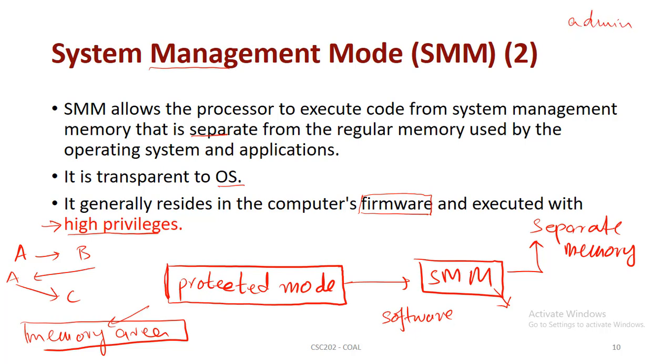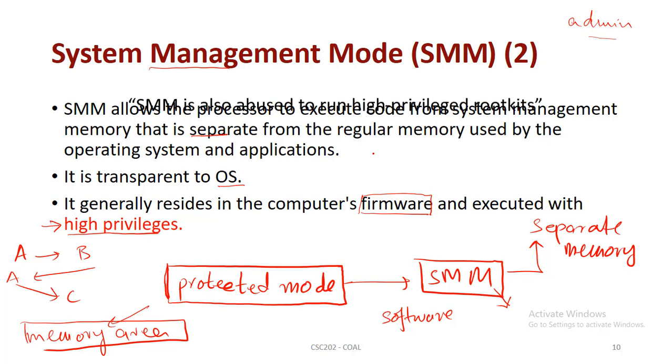So just assume, for the sake of argument, the SMM firmware code starts executing with very high privilege like admin. It is not admin; there is a concept called privilege level, and ring 0, ring 1, ring 2. It is the highest privilege in which the SMM code executes.